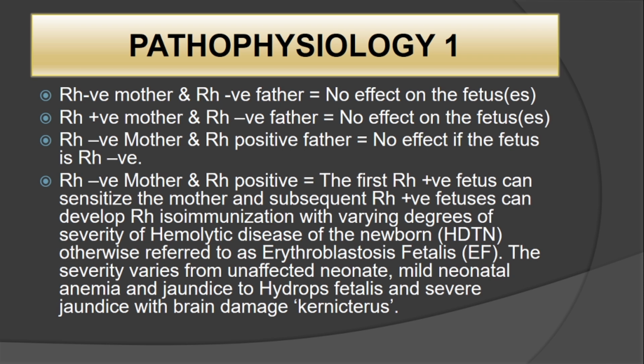However, the mother is already sensitized. Any subsequent RH positive fetus carried by this mother may develop hemolytic disease of the newborn of varying severity. This is otherwise referred to as Rhesus erythroblastosis fetalis.